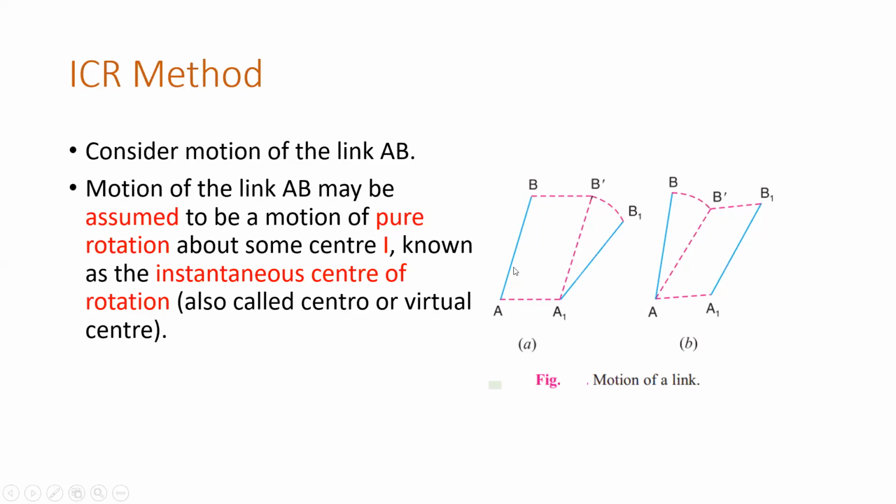First link AB has moved to the position A1 B dash, this position. Means initially linear motion took place. Initially the link AB moved linearly and it went to the position A1 B dash.